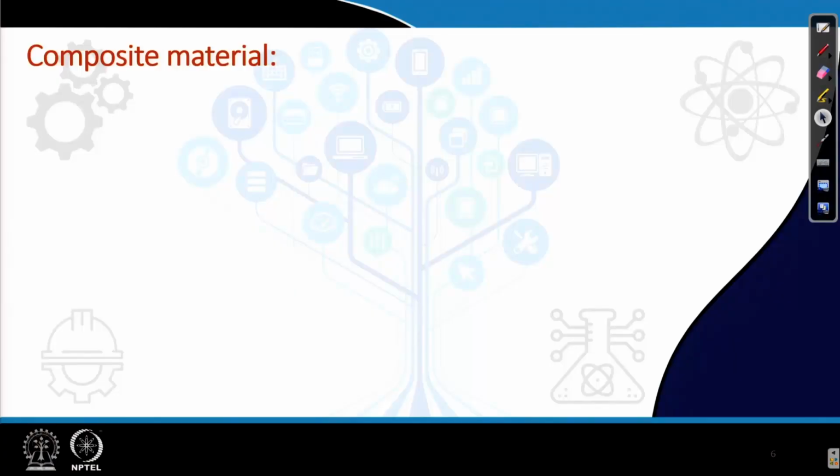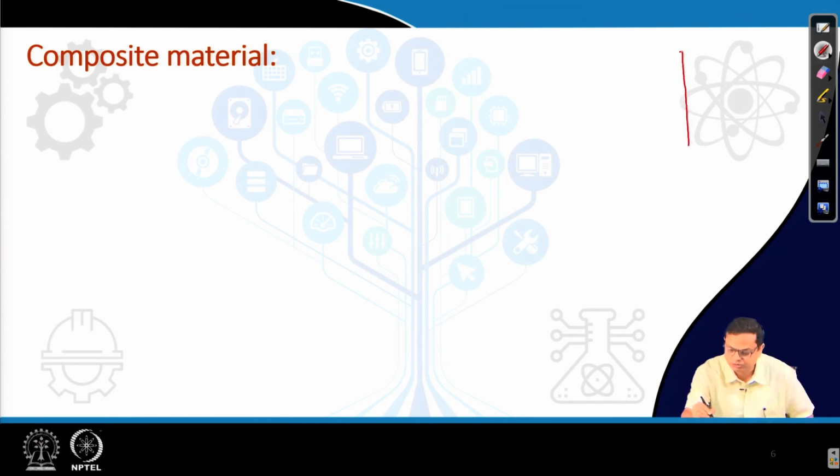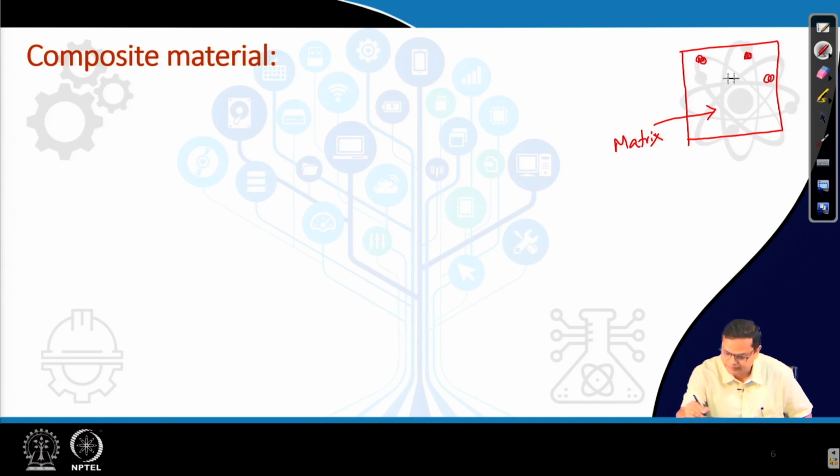For example, I was drawing earlier a basic microstructure of a composite material, where we call the major phase the matrix, and the matrix holds the different kinds of reinforcements. These reinforcements, or second phase, could be of different shapes and sizes. Here we are talking about particles, but they could be fibers as well.